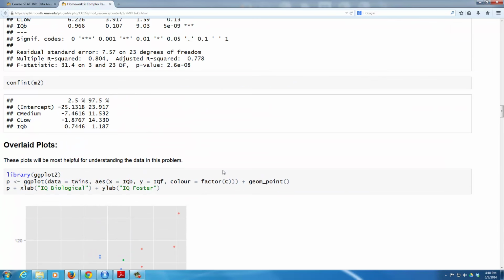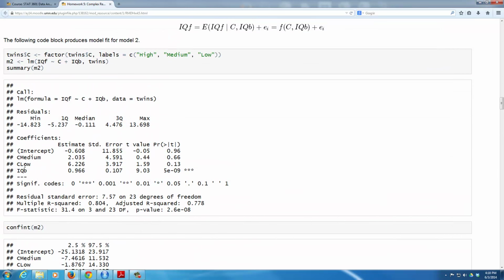And the estimated change for that is given right here in the output for the medium coefficient, and that change looks like about a 2 IQ point increase. It's going to be this value right here.